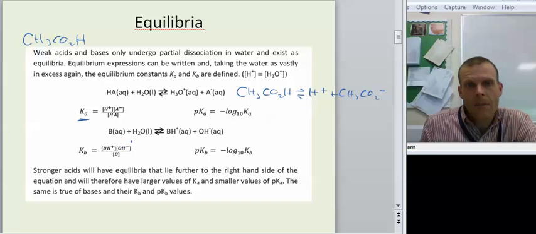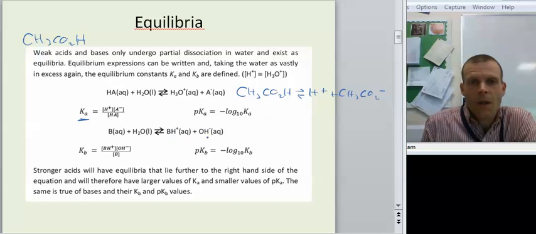Similarly for the base, if I put that in water, I'm going to end up with this reaction. So this is accepting a proton from the water, and again I can write a Kb expression.